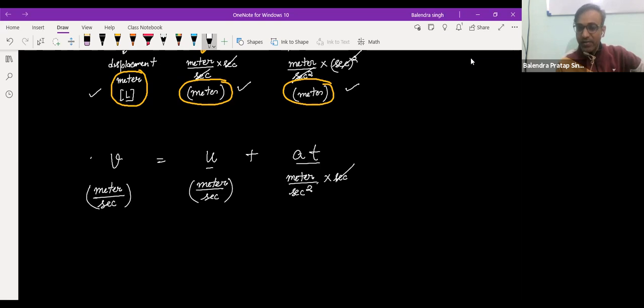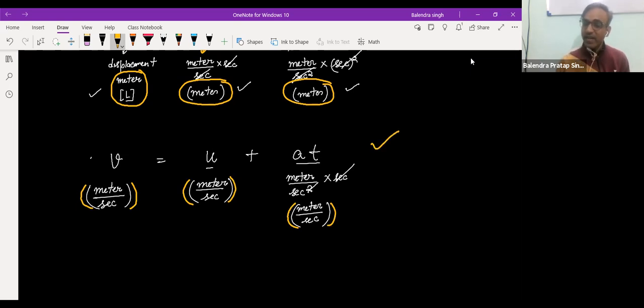So second and second cancel out, and the remaining unit is meter per second. So here you can see the left hand side v has a unit meter per second, the first term on the right hand side has a unit meter per second, and the last term has unit meter per second. So this equation is dimensionally correct.